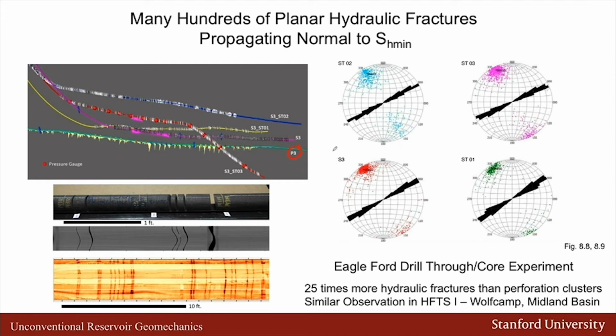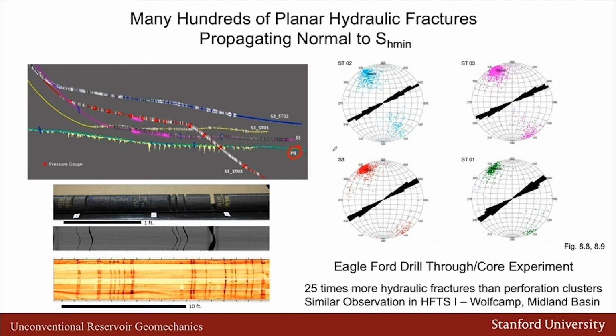when you map these hydraulic fractures, which is seen through these stereo nets and the Rose diagrams, the direction, the azimuth at which these hydraulic fractures are propagating in each of these observation wells are exactly the same, very tightly clustered, and exactly perpendicular to the direction of the least principal stress.